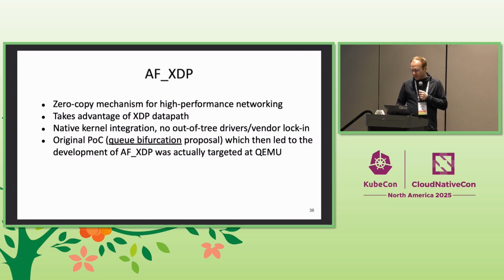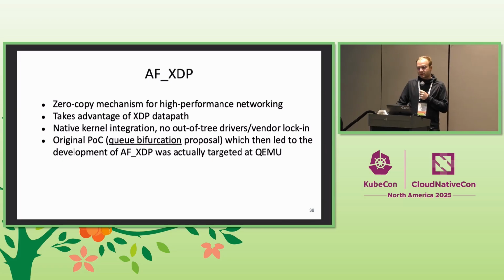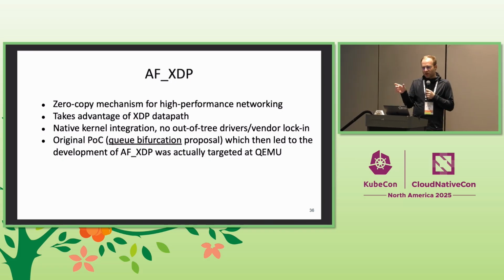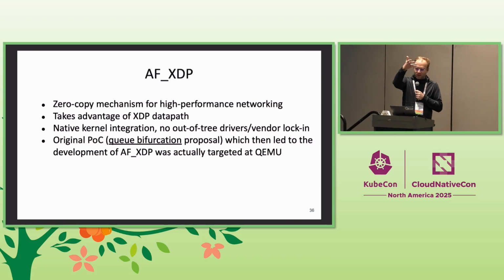And initially, it's actually quite interesting, being in the kernel community for quite a while. I think this dates more than 10 years back, where there was the first initial proposal, which was actually targeted at accelerating VM workloads through queue bifurcation. You can split the network card into different sets of queues, and one set of queues you would map all the way to user space, exposing that hardware into user space, and then you can use it for QEMU.